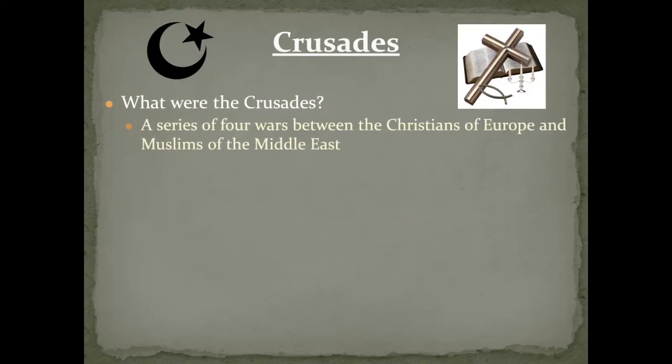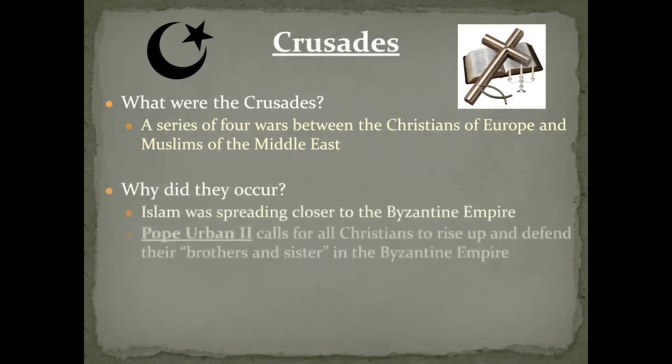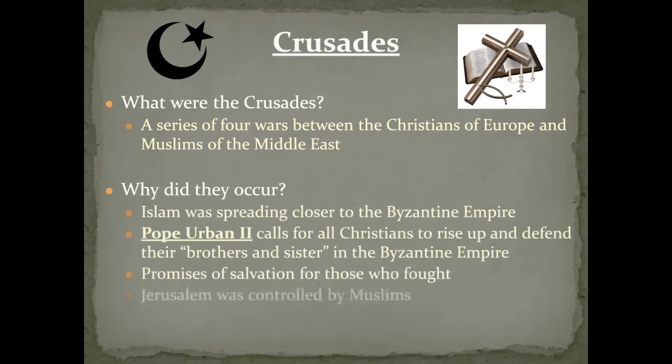So thinking back to those debates we had with Islam and the Battle of Tours and Charles Martel and stopping that spread of Islam, but also there was more to it. And so these wars were carried out by Christian political and religious leaders to take control of the Holy Land. So thinking about what the Holy Land is, if any of you guys know, you can think about it. We'll talk about it in the upcoming slides.